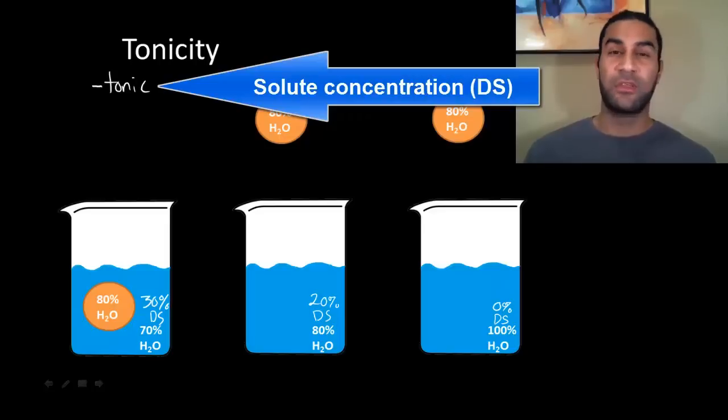Like if you've ever drunk tonic water, it's concentrated water. It's concentrated with minerals and carbon dioxide and things like that. So tonic just means concentration, and it's specifically referring to the solute concentration, which are those dissolved substances, everything besides water.